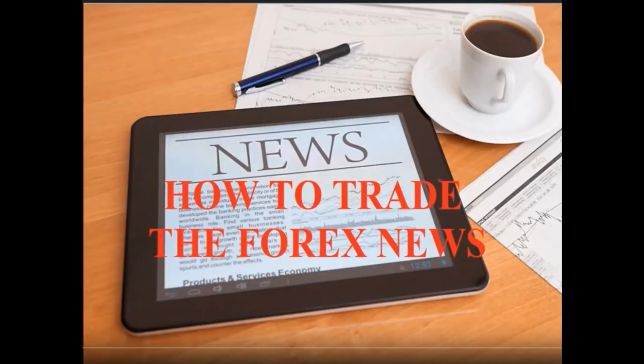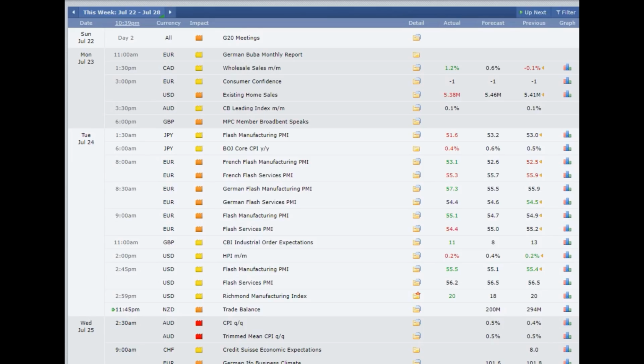Tonight we have a news that we're going to trade, and it is the Australian news. It's called the Australian CPI. Here it is.